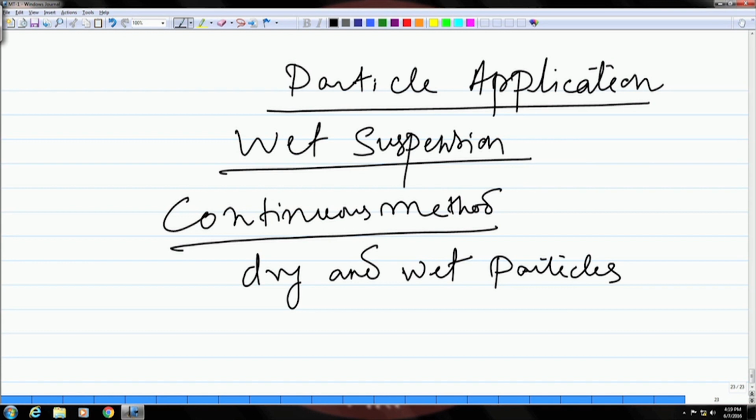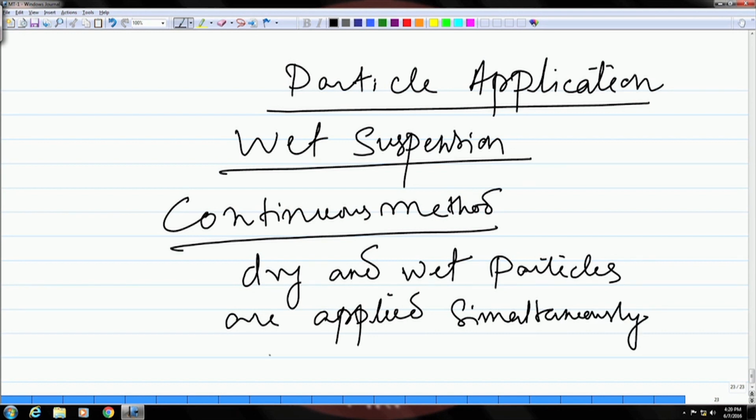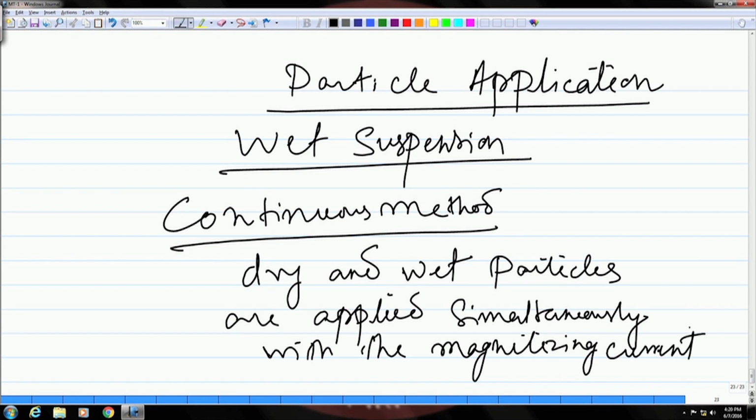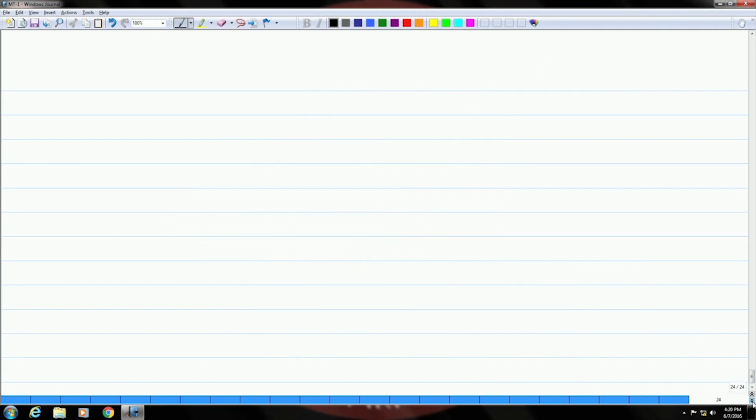Dry or wet particles are applied simultaneously when the part is being magnetized, with the magnetic field or the magnetizing current. That is why this is known as the continuous method, because the particles are being applied continuously when the part itself is being magnetized, when the magnetizing current is on. You apply the particles simultaneously.